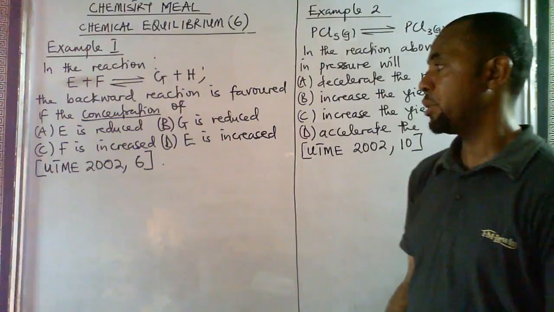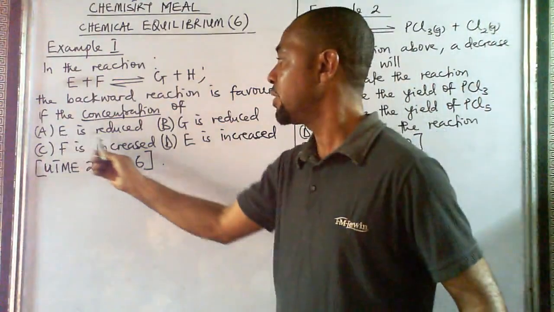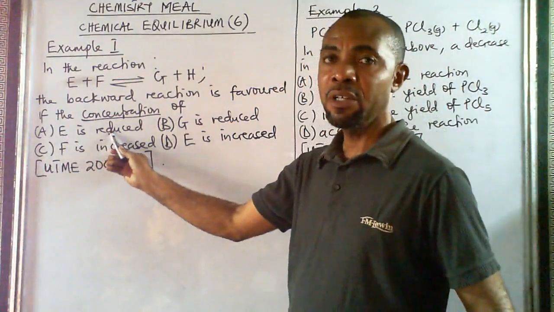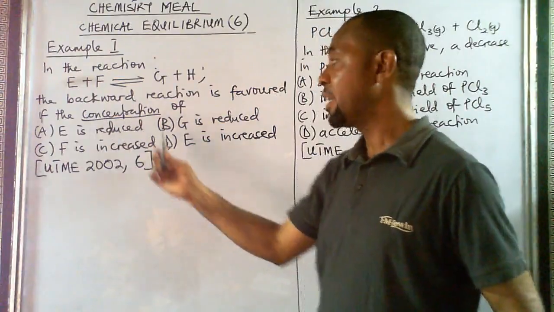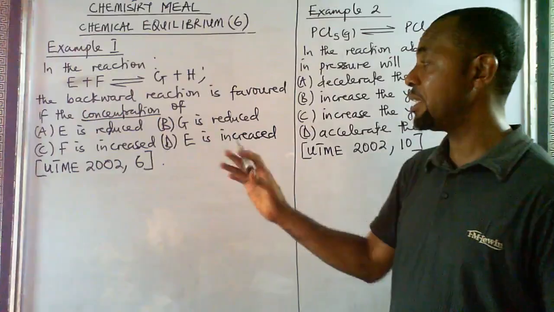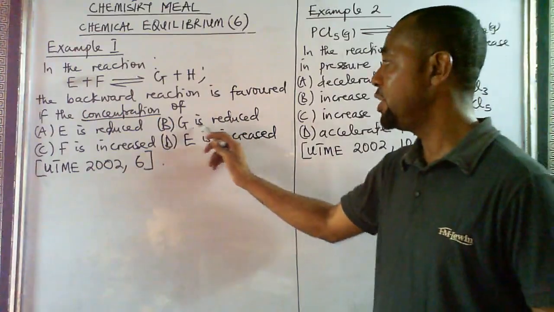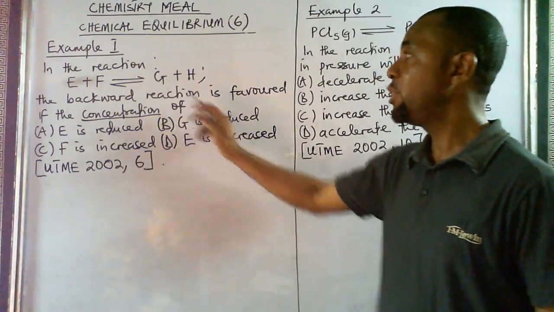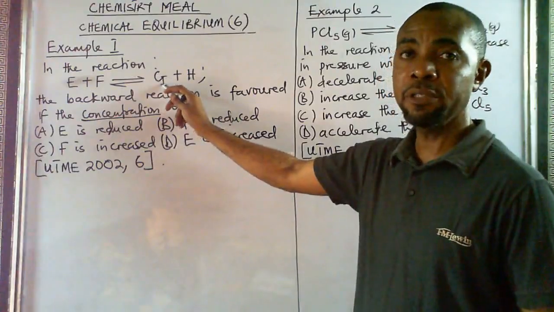So we go to the options. They say if E is reduced, and that gives us the answer immediately. But let's analyze the rest. If G is reduced, now G is a product, right?